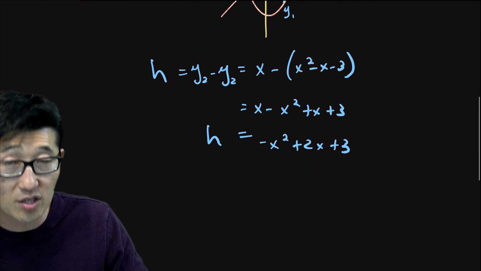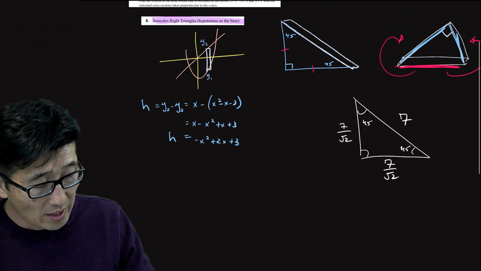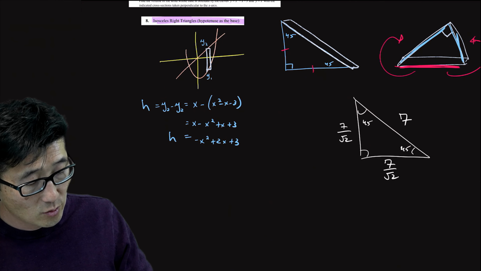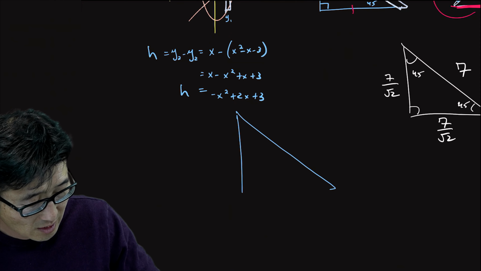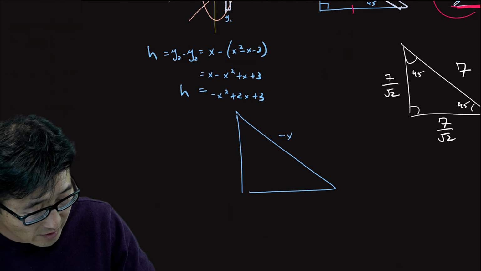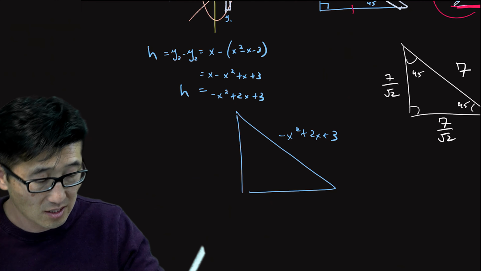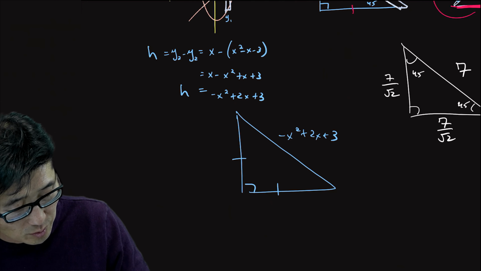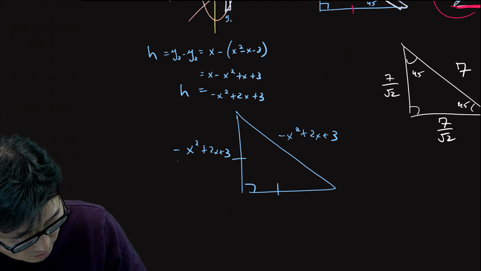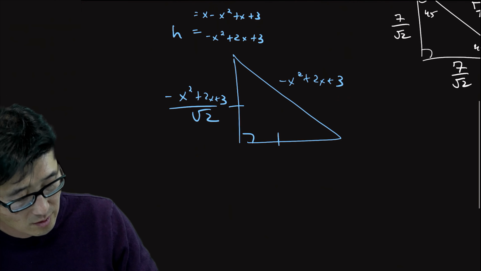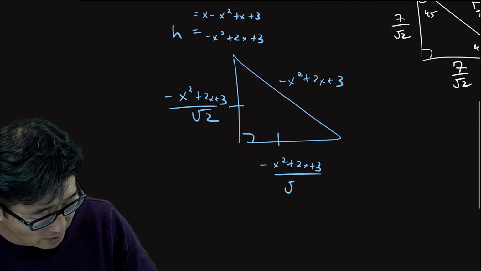This designates my hypotenuse. Now we need to find the legs. If my hypotenuse is negative x squared plus 2x plus 3, then my legs are going to be that divided by radical 2.